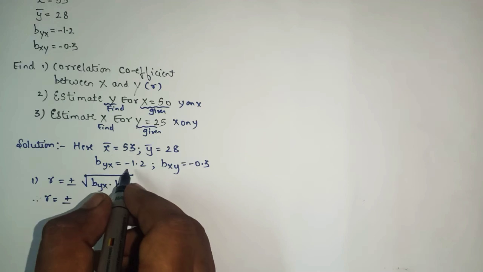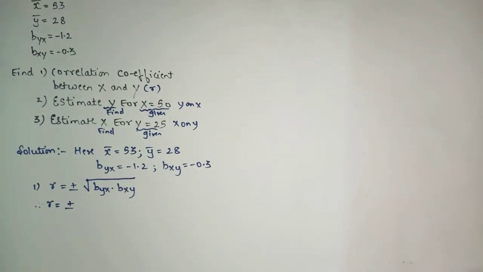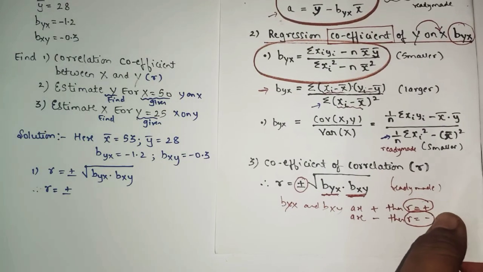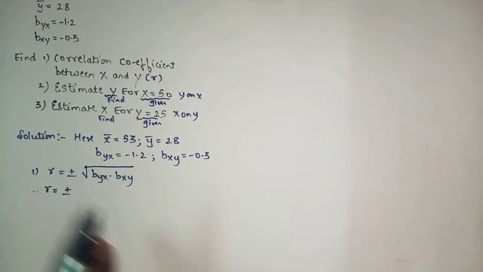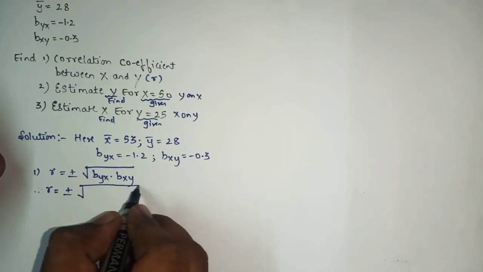Here clearly we can see that byx and bxy both are negative. As per the rule, when both are positive, the value of r will be positive. When both are negative, the value of r will be negative. So here clearly the value of r will be negative.